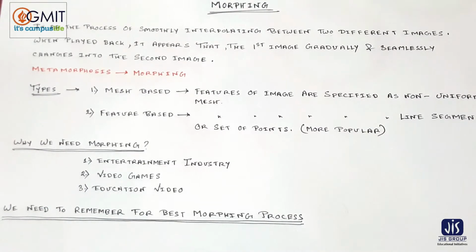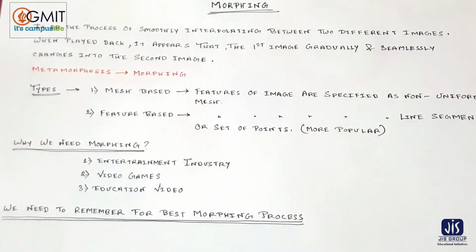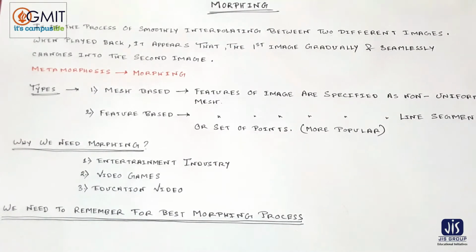As in the previous lecture, I will also try to show you a video related to morphing, by which you can understand easily with this kind of practical example how morphing occurs. And please remember, masking and morphing are very important for your semester exam. Morphing is very important, masking is also very important.